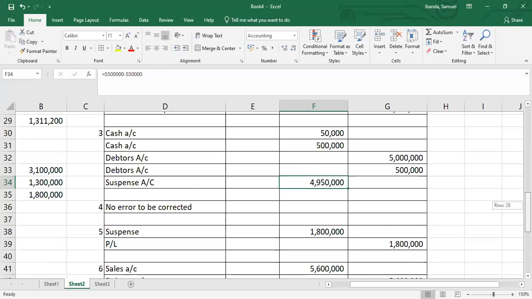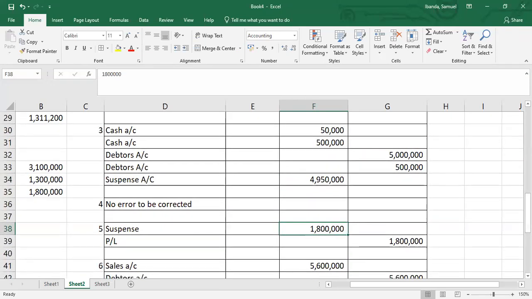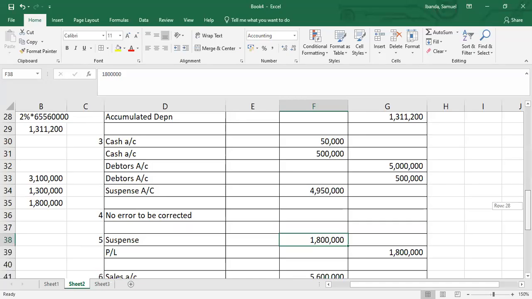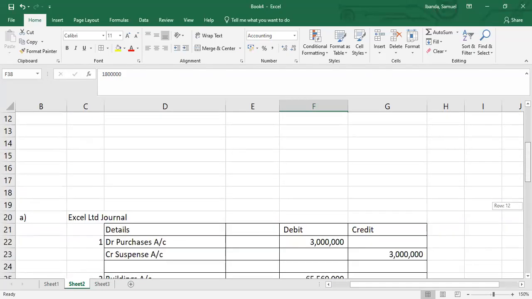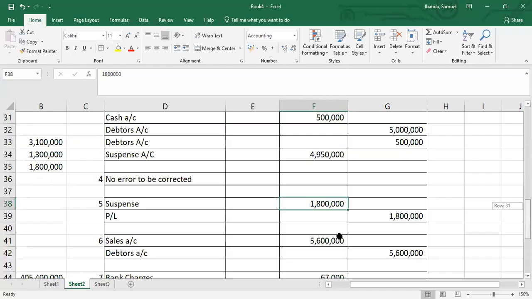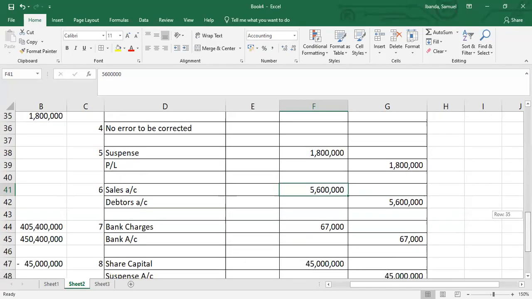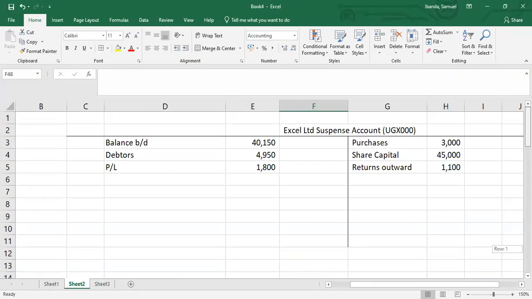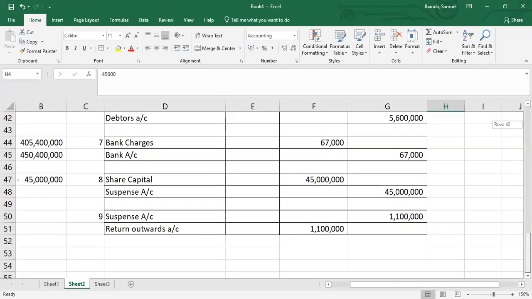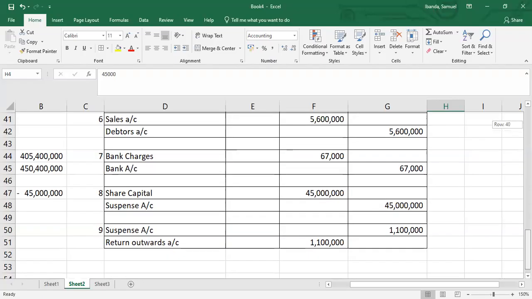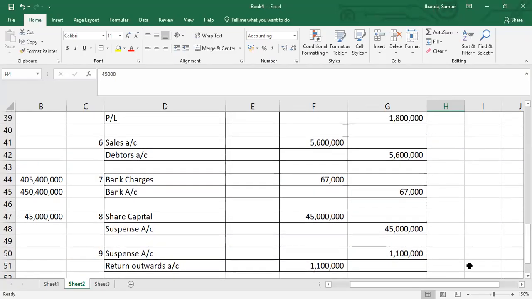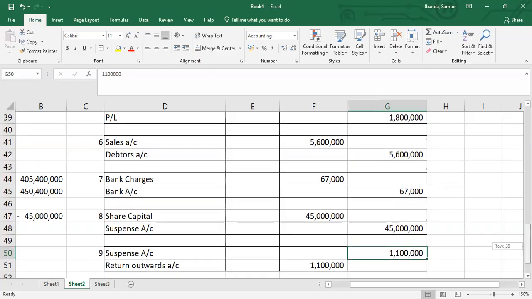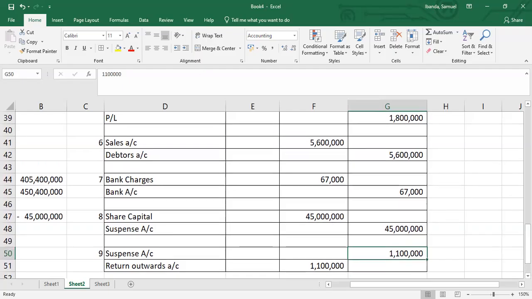Then we had something else. We had a 1.8, which was supposed to be debited, which we also recorded there. Then we had that one did affect. We had a share capital of 45, which we recorded there. Then we had this one, item 9, which we also recorded there.